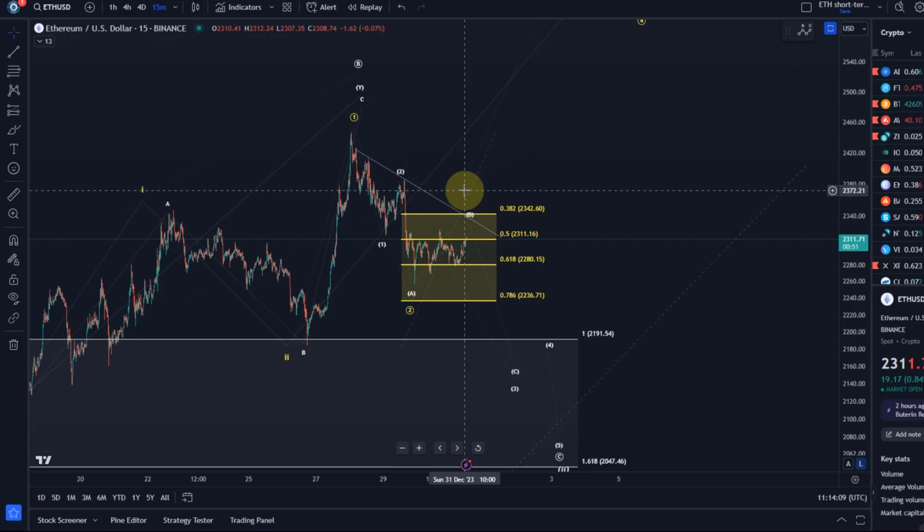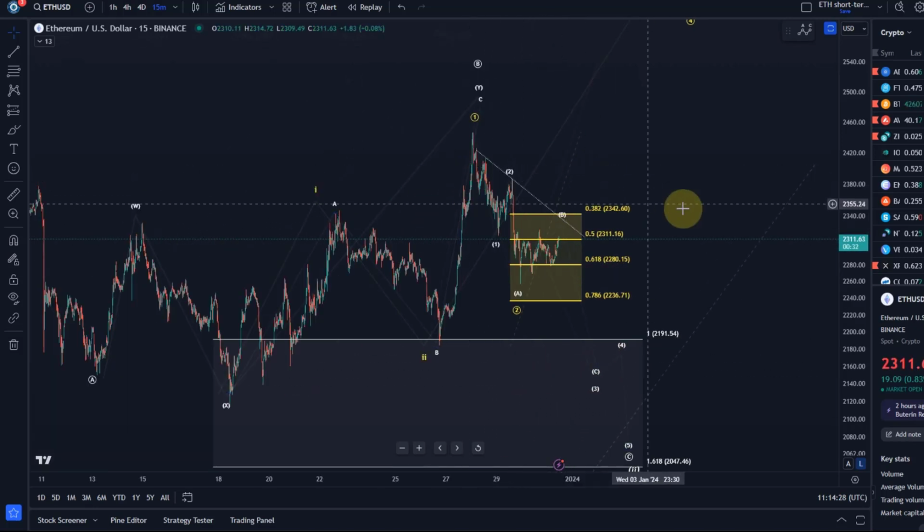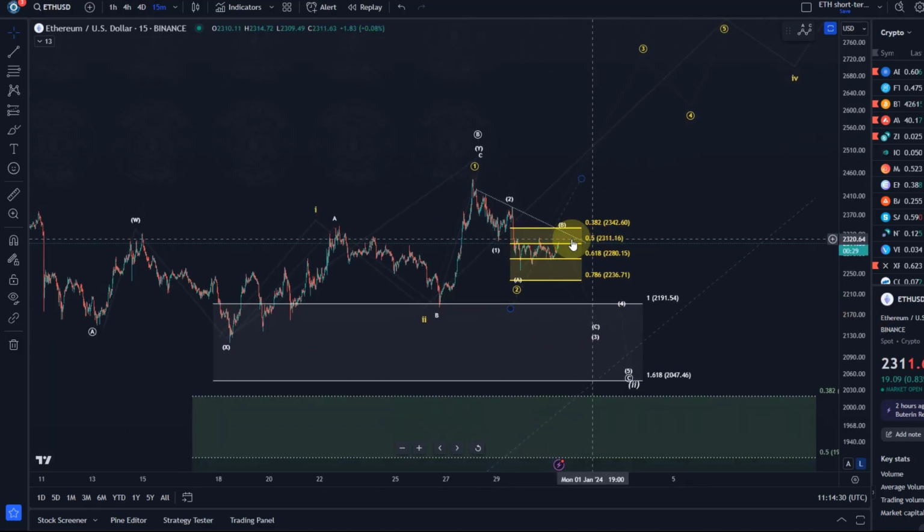So I still see the white scenario as more likely. Let's first talk for a second about the support levels for the white scenario. I will be able to give you a target for wave C of 3 once the wave B of 3 has likely topped. Probably not yet the case. I would need to see at the very least the $2,270 level taken out, broken to the downside.